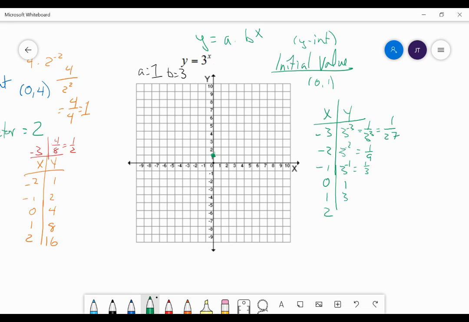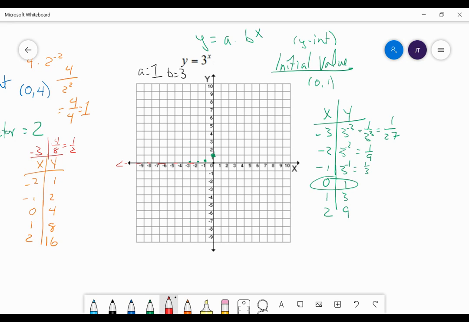Then 3 and then 9. Okay, so here that's (0, 1). There's our y-intercept, our starting point. -1 is 1/3, so that's about here. And then we have 1/9, and then 1/27. And it's going to keep getting a smaller and smaller fraction, but never quite equals 0.